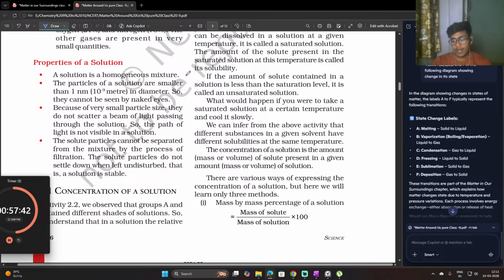So always remember, solution size is less than 1 nanometer. But for colloid and suspension, colloid size is 1 nanometer to 1000 nanometer, and suspension size is bigger than 1000 nm. Remember that.